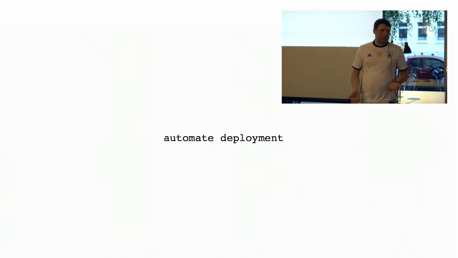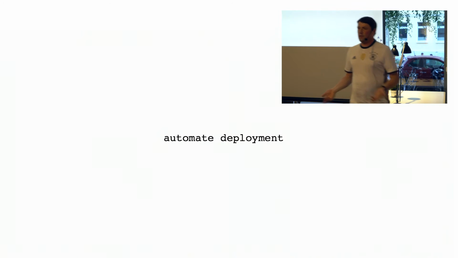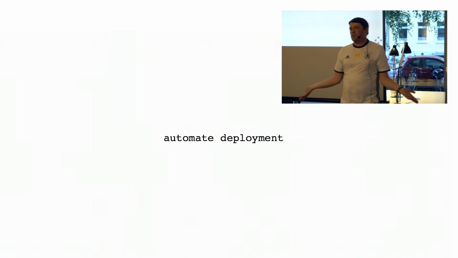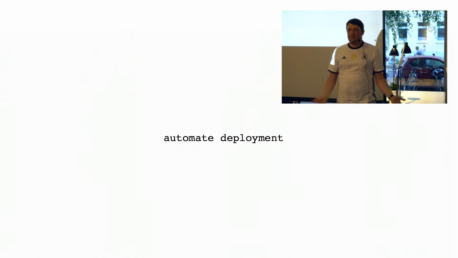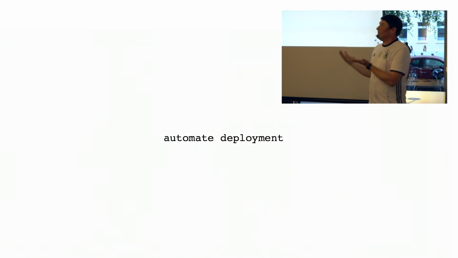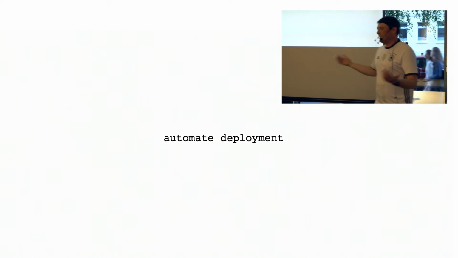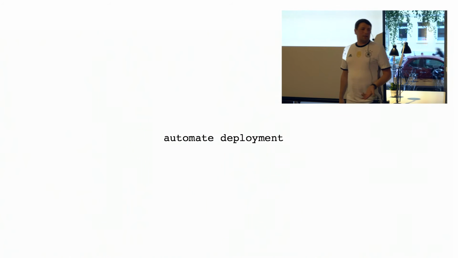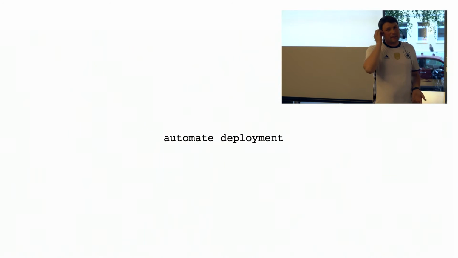Whenever someone is merging something to the master branch, there should be an automated build, which is building the software, and it should be deployed to the live system, of course, automatically. Why? Because you can also configure the deployment again and again and again, and this will introduce new failures. So automate it, and you're done with that.